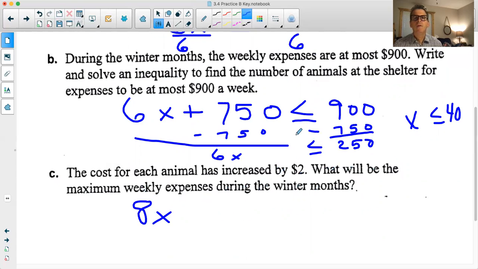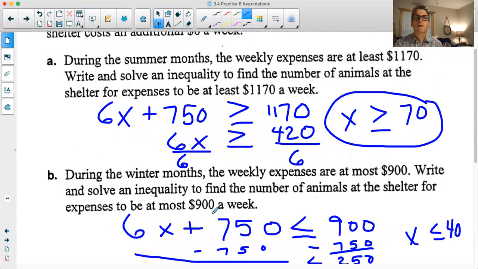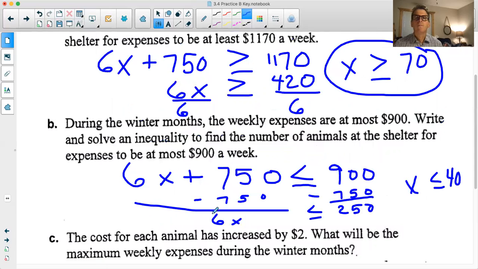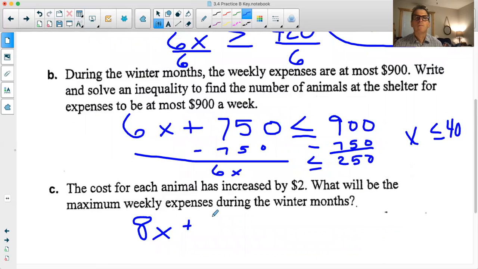It's for at most $900. What will be the maximum weekly expense for a $2 increase?